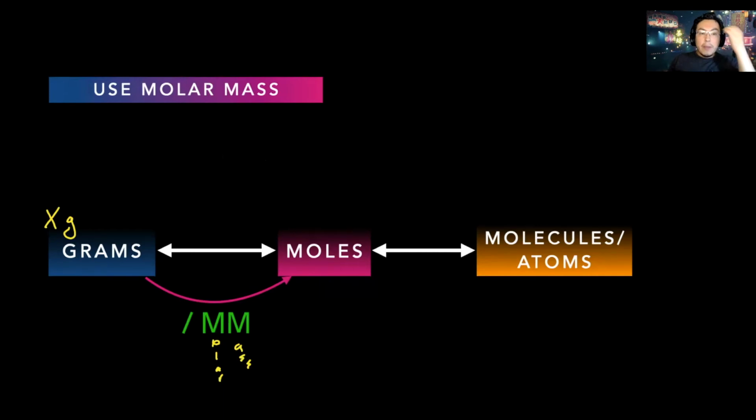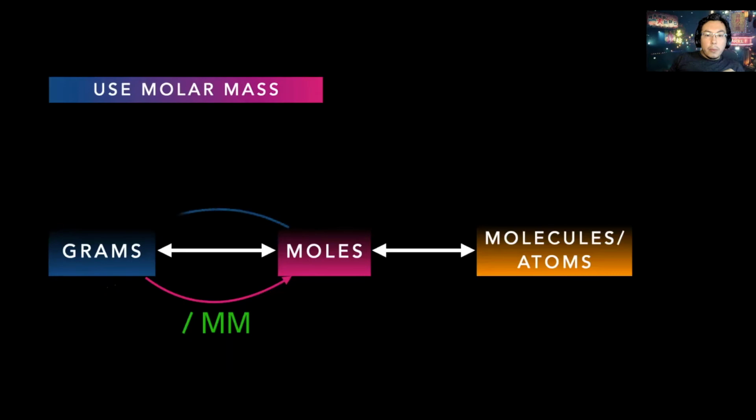The molar mass of what? Of whatever it is that you have in the question. So like in previous examples, if you had sodium hydroxide, then you will divide by the molar mass of sodium hydroxide. Whatever you get from that division will be your moles.